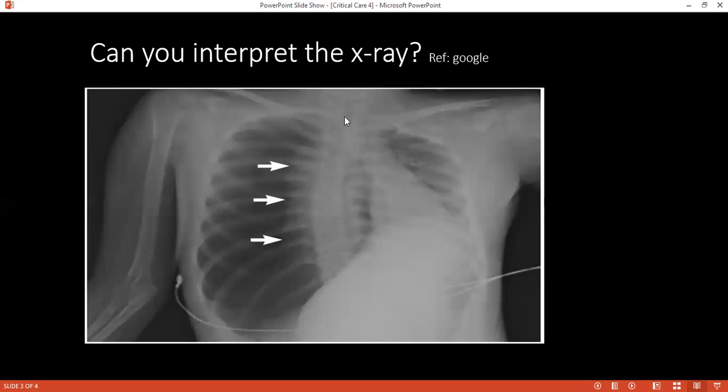What about the trachea? Can you see it? Is it central? It looks like it's central. And I can't appreciate properly which one is the esophagus and which one is the trachea. I'm sorry, ma'am, I can't appreciate it.